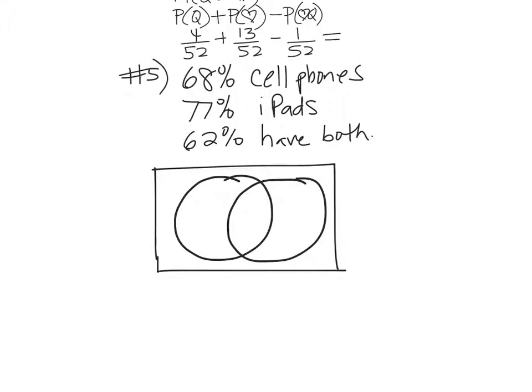Start with the middle, start with the overlap, and label things too. This is your cell phone, and this is the iPad. And then the overlap goes in the middle, the kids who own both, which is 0.62. Now, how many kids then own just a cell phone?